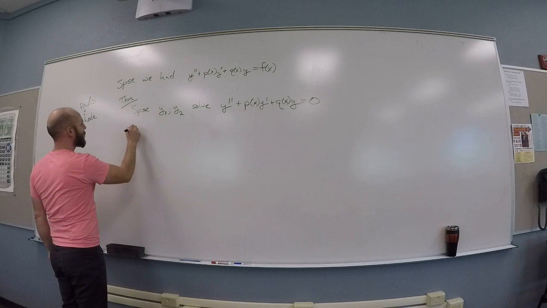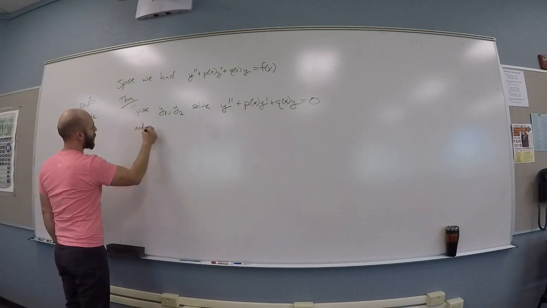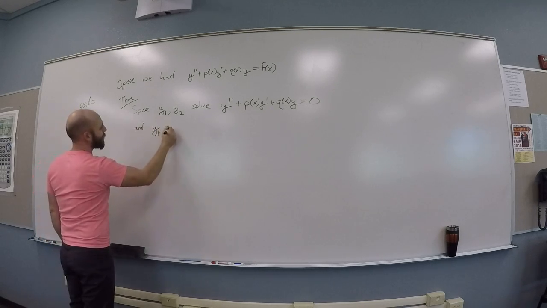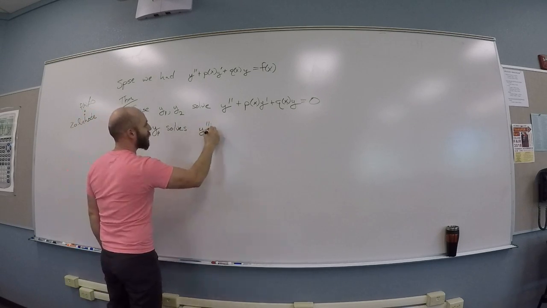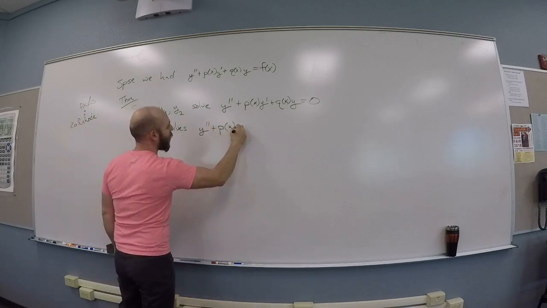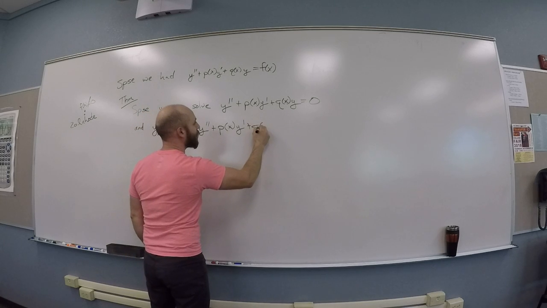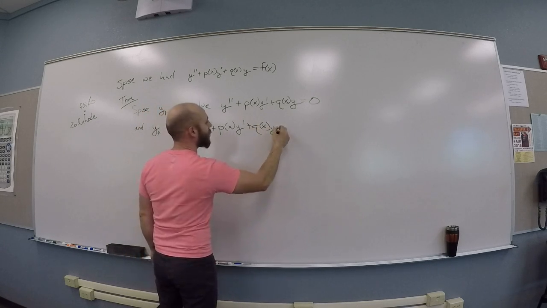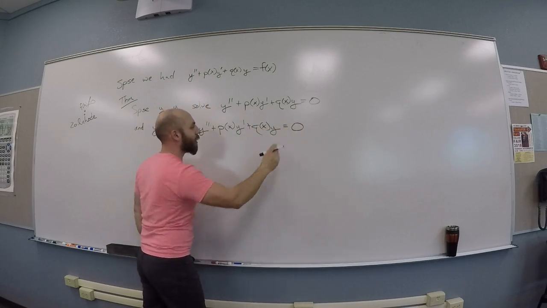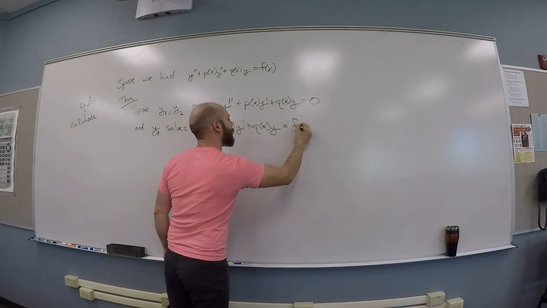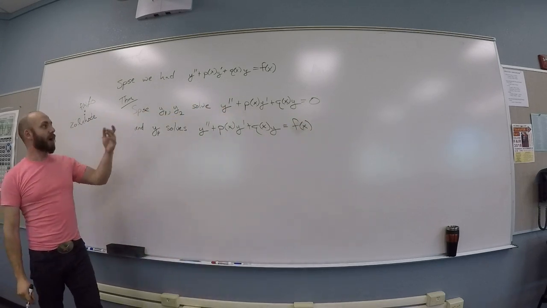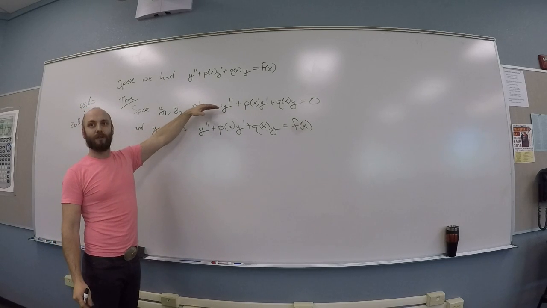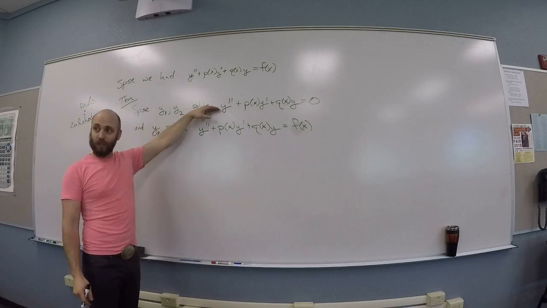So suppose y1 and y2 solve the homogeneous equation, y double prime plus p of x y prime plus q of x y equals 0, and yp solves y double prime plus p of x y prime plus q of x y equals f. I'm going to be able to find some solutions to homogeneous things.